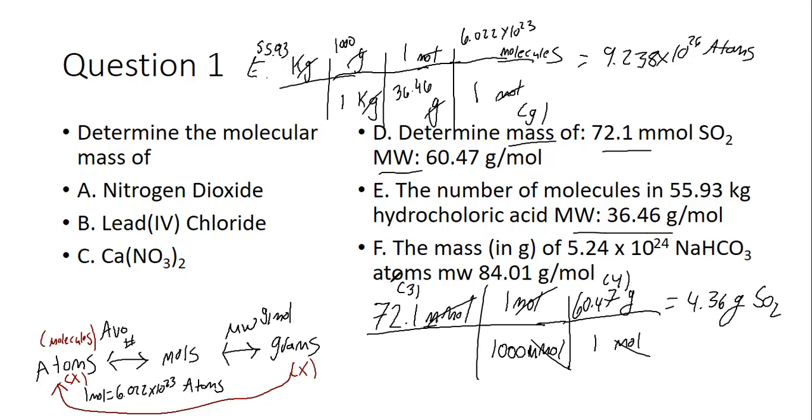It's always good to double check yourself. 55.93 times 1,000 times 6.022 times 10 to the 23 divided by 36.46. 9.238 times 10 to the 26, yep. That is correct.